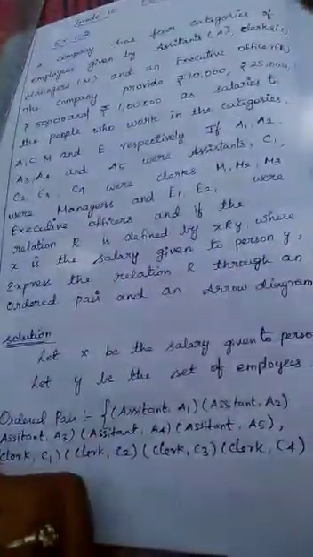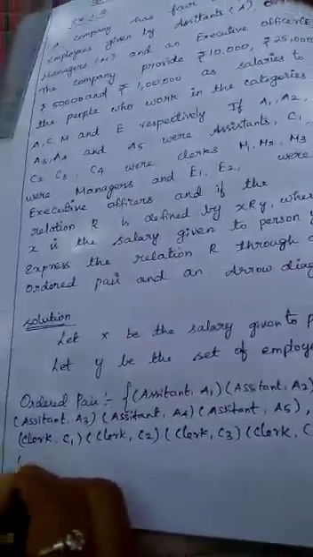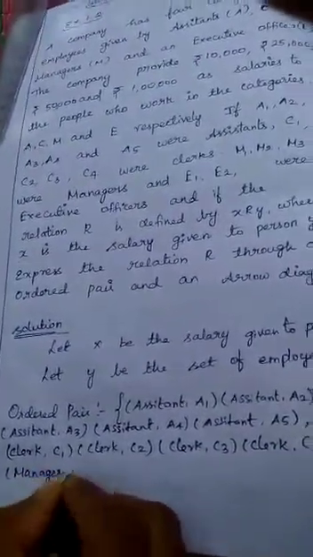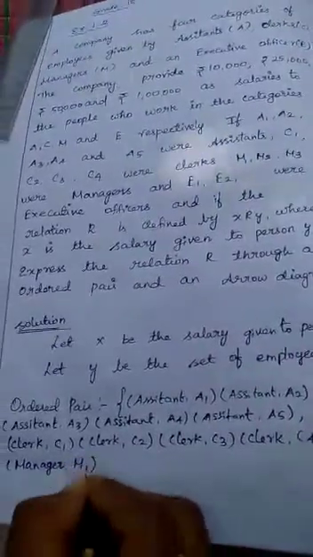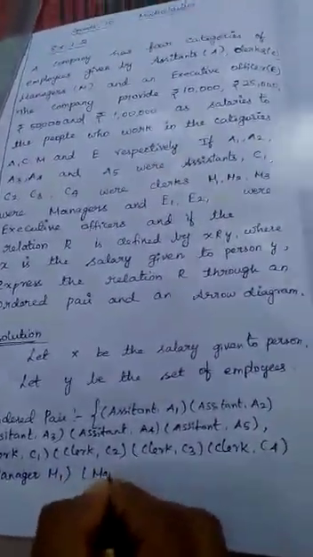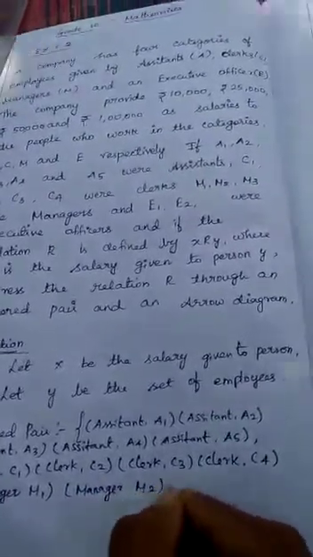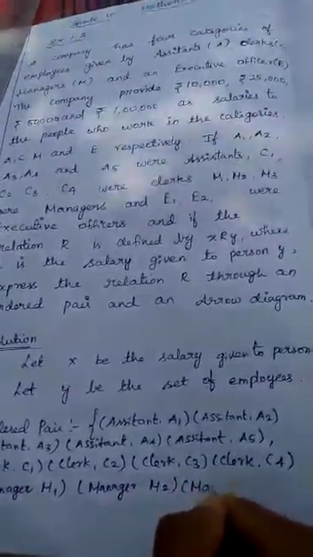And the next one is 50,000 salary for managers. So manager comma M1, manager M2, manager M3.